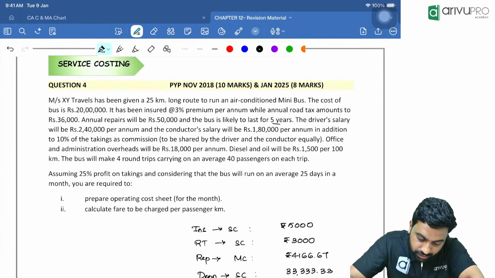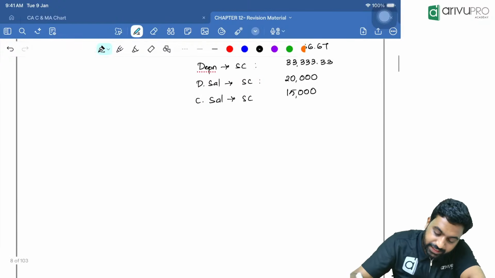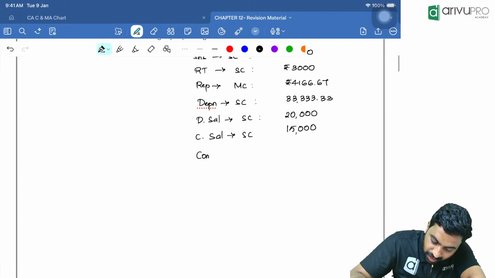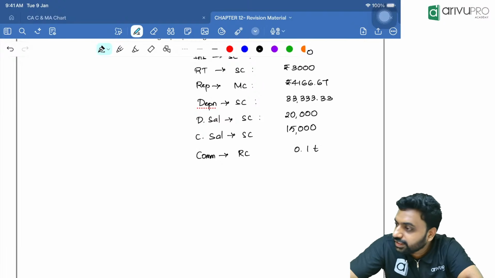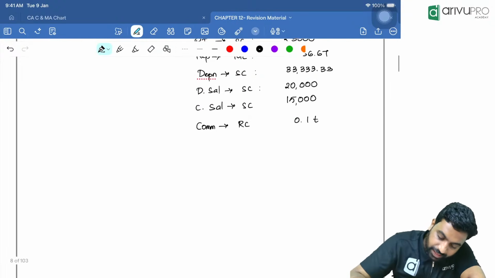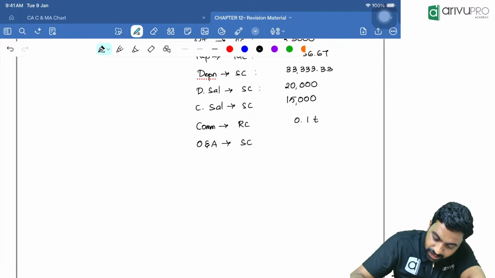In addition, there is a 10% commission on takings. Shall I take takings as T? Then the commission, which is running charges, will be 0.1 T. Office and admin overhead will be 18,000 per annum, so standing charges 1,500 per month.